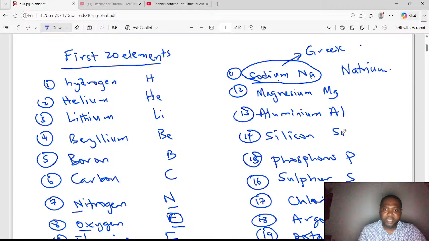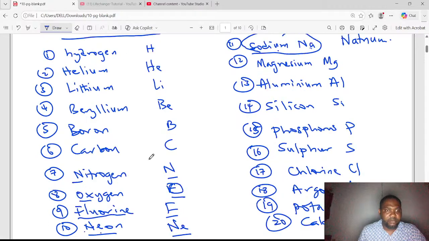Potassium, K, comes from another Greek name, right? Yes, so that is why their symbols are not like that. But if you notice, all others are from their names. Aluminium, Al, silicon.